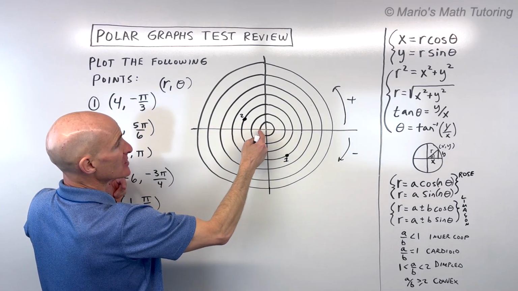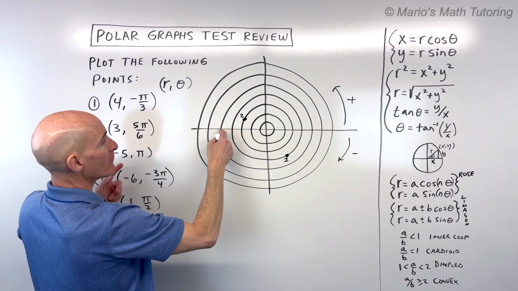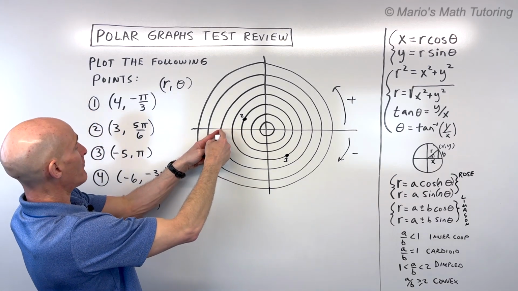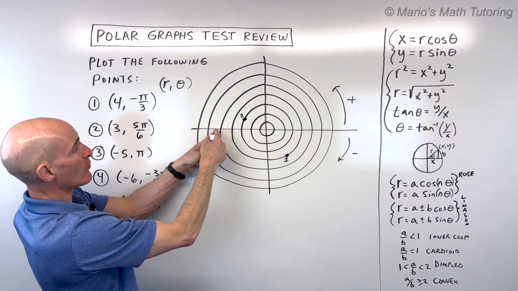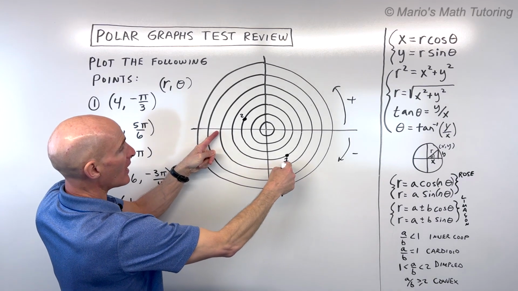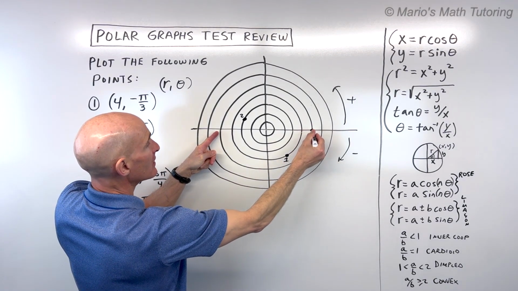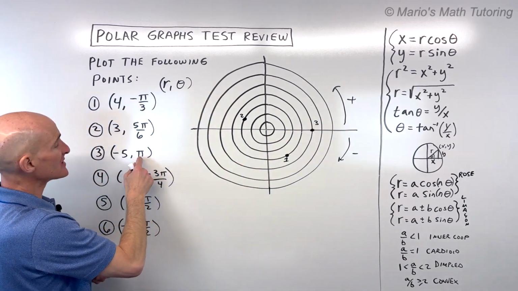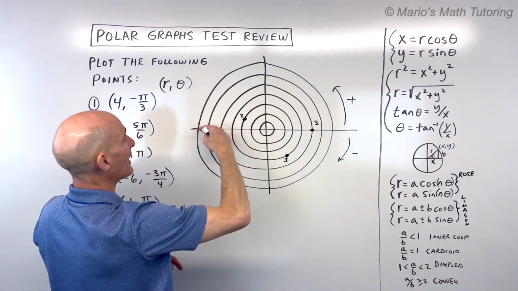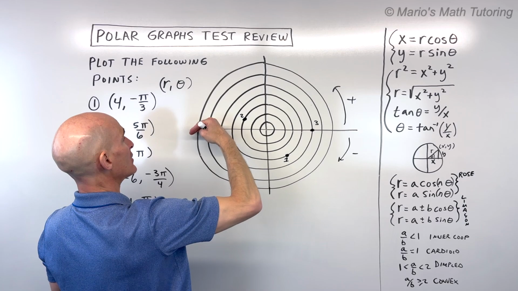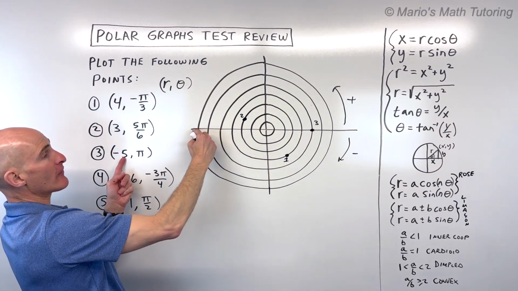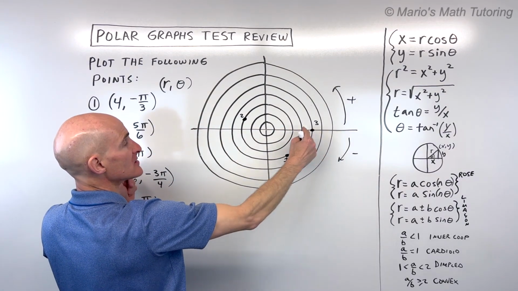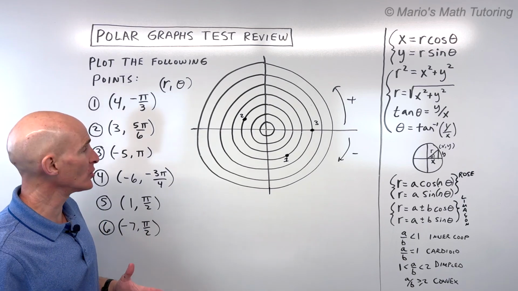Since it's negative, I take 1, 2, 3, 4, 5. And then pi is a positive angle, so I'm rotating counterclockwise, which is going to put us right here. So that's number 3. Another way to do this is you could say, let me go over to pi, that's 180 degrees, but because we have a negative r value, we go through the pole to the other side. So a couple different ways to look at it.